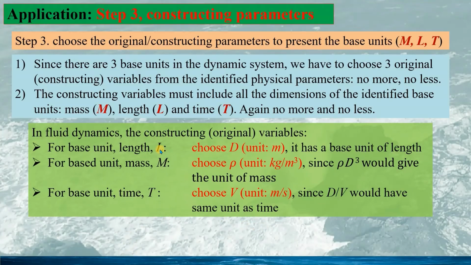Generally, for most fluid dynamic problems, these 3 parameters, the length of the structure, the density of the fluid, such as the air density or the water density, and the fluid velocity can be chosen as the constructing parameters. Only in the cases of heat transfer, the fluid temperature needs to be taken as a constructing parameter.